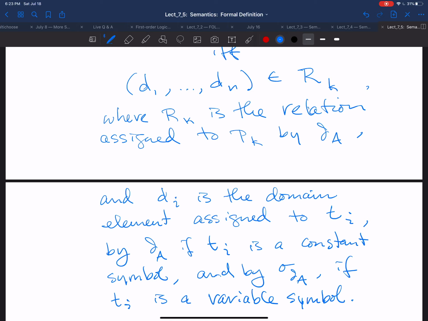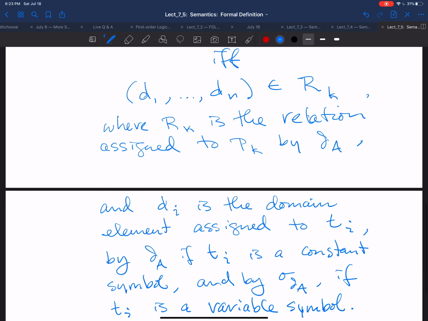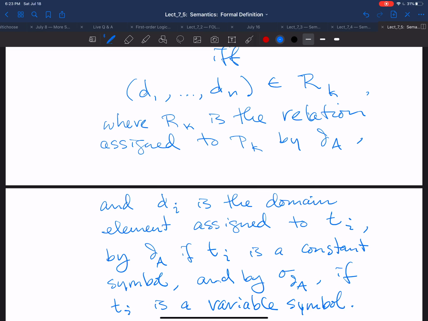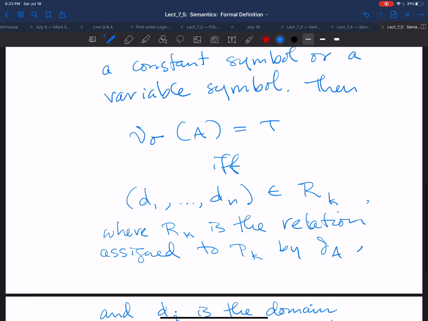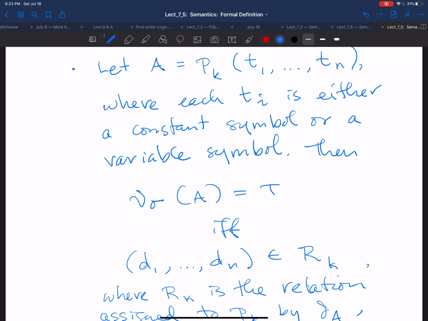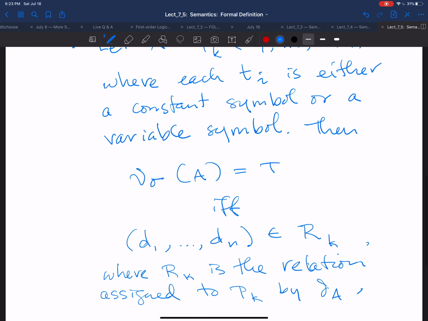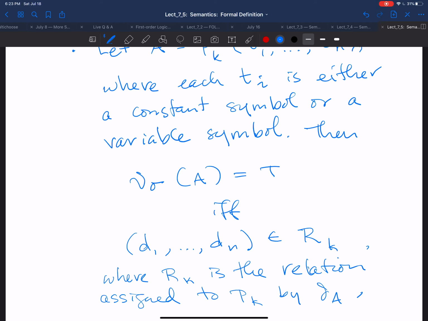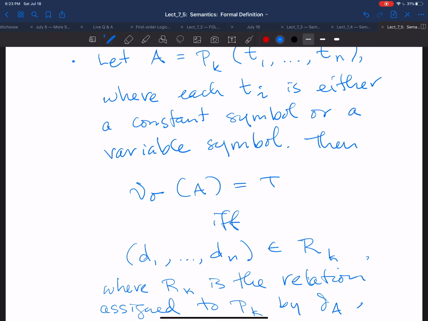That's the simple case where our formula is merely an atomic predicate. So if A has the form of a predicate symbol followed by the appropriate number of terms in parentheses, then its truth value is true if and only if the domain elements assigned to that n-tuple of terms forms an n-tuple that belongs to the n-ary relation assigned to the predicate symbol. Okay.